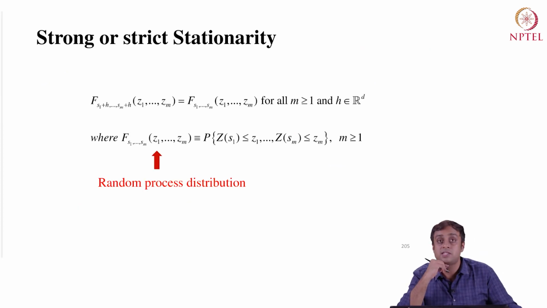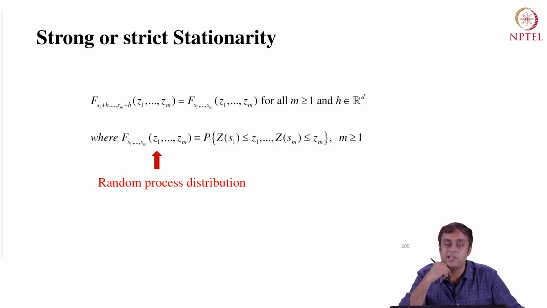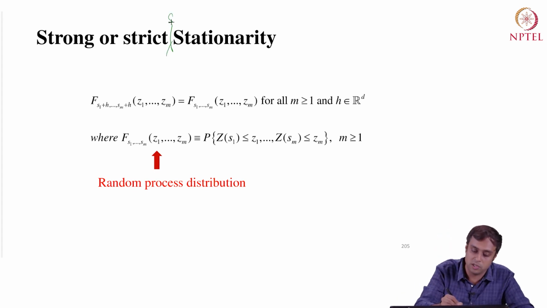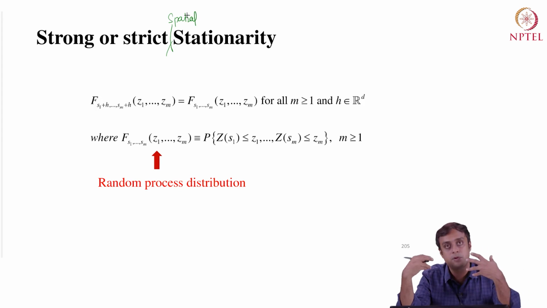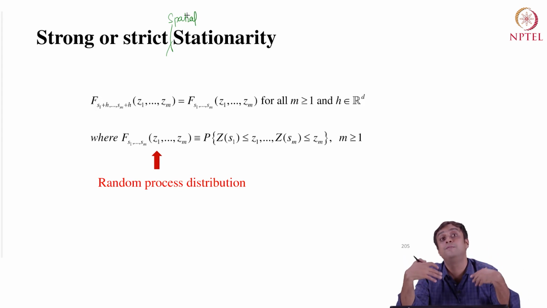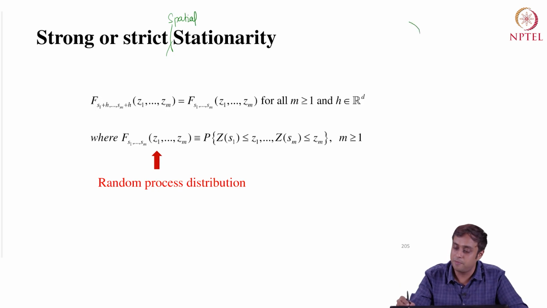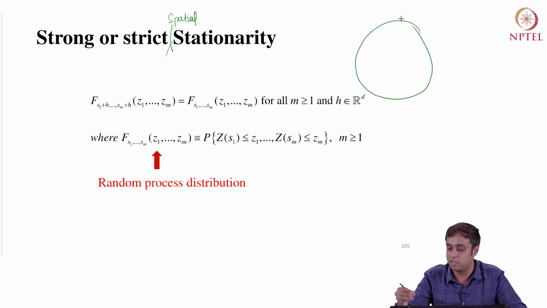There is a strict spatial stationarity property as well, or the strong spatial stationarity property, and this property relies on the joint distribution itself. Remember, when we are working with spatial data, we are working with random functions.